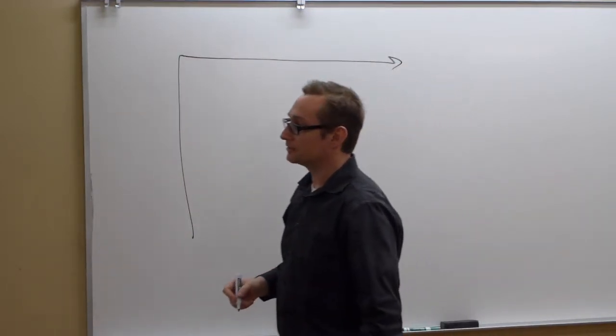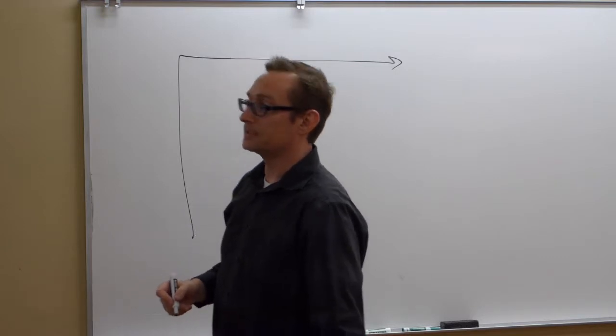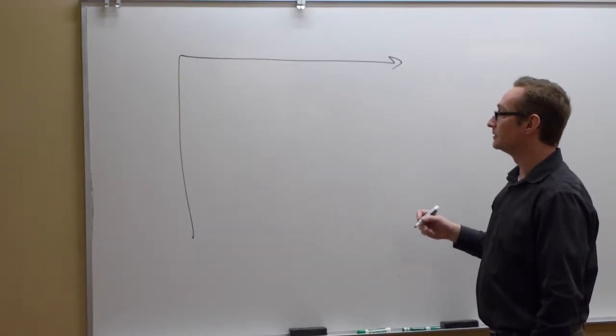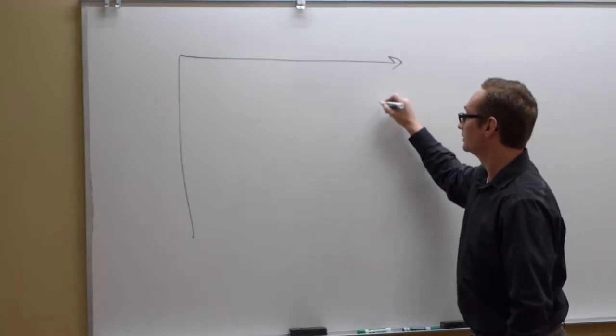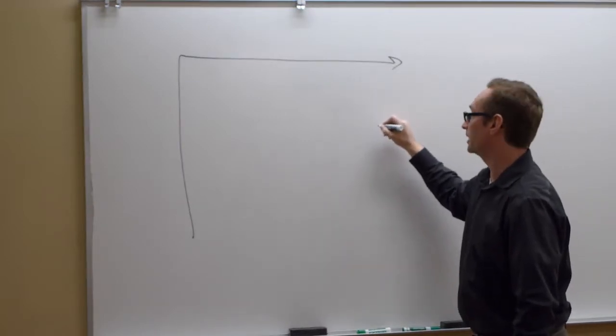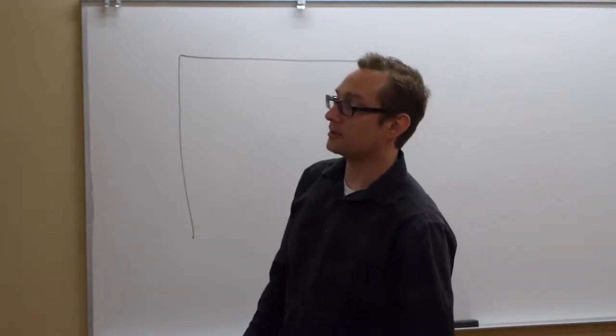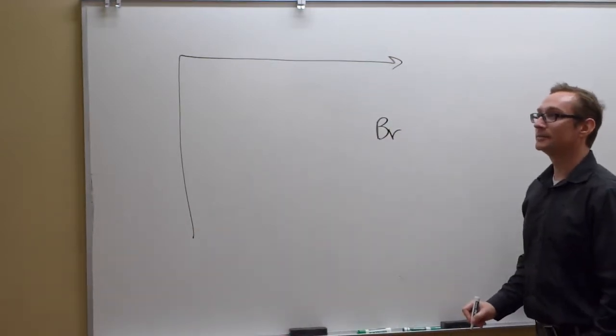This is increasing, okay? Where does bromine fit into this picture? Kind of to the right and then middle. And then where does argon reside?